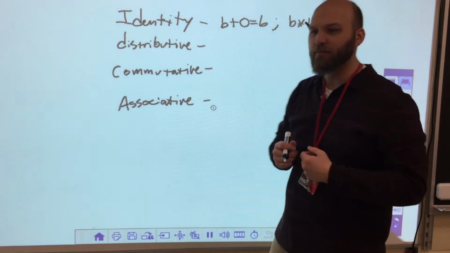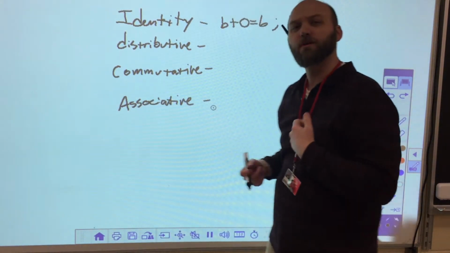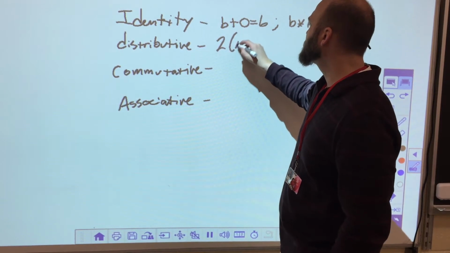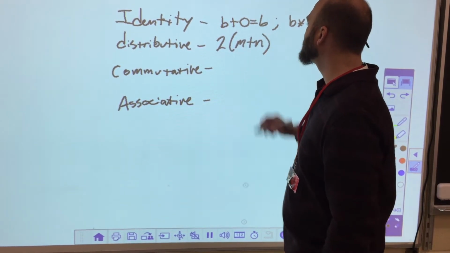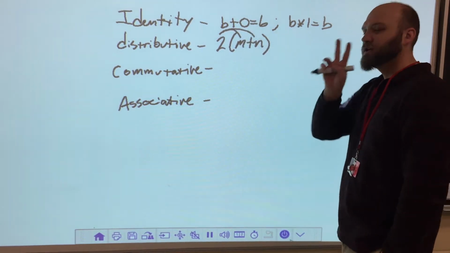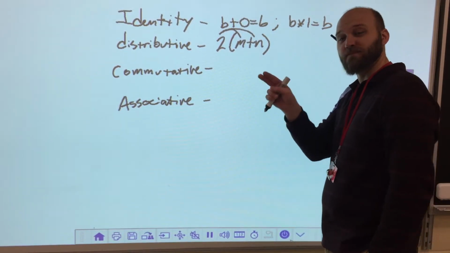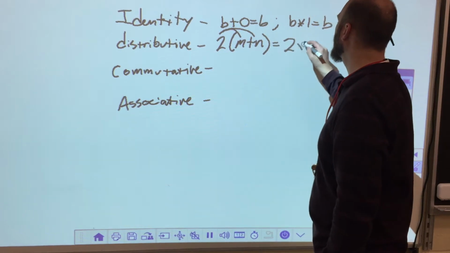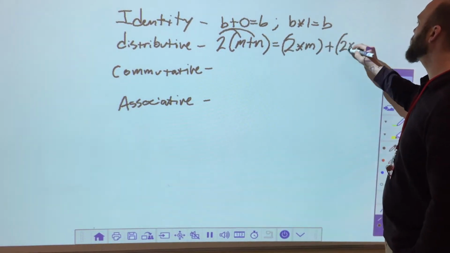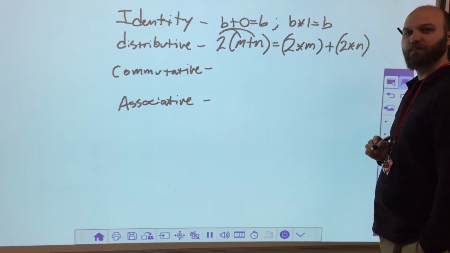Distributive property, think of playing cards. You're going to distribute a card to each one. So if I had 2 times M plus N, I'm distributing 2 to M, 2 times M, and 2 times N, right?